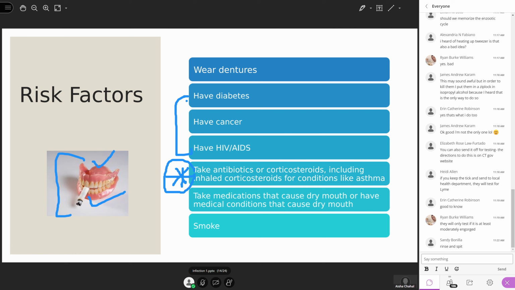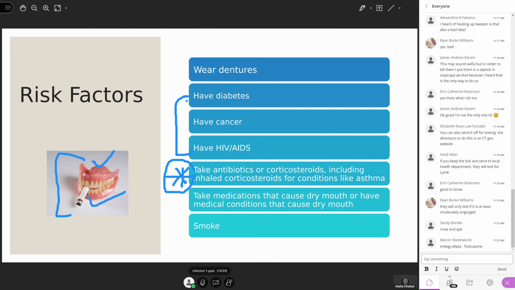Okay, so always remember, patients who are on corticosteroid inhalers are going to be at more risk for thrush: fluticasone, albuterol, and the mixture inhalers, right? All of those are steroid inhalers, because basically that's how it works. These steroids reduce the swelling in the windpipe and the trachea, and that helps with the breathing.